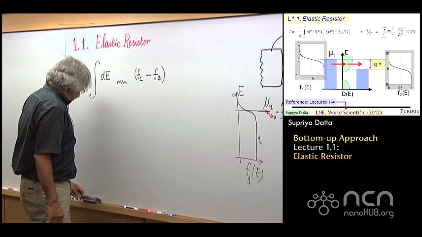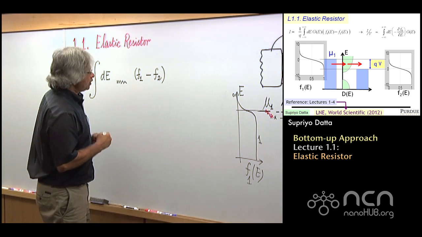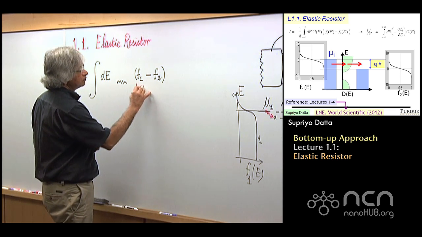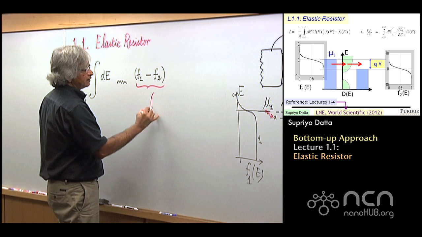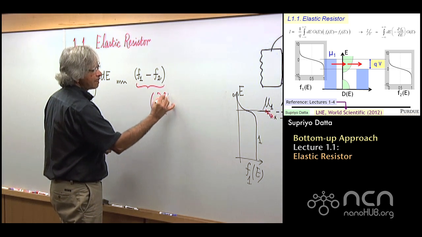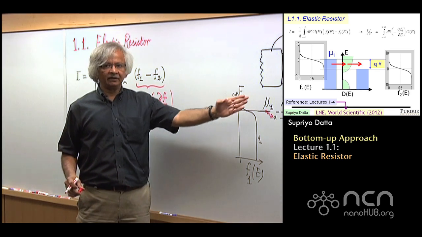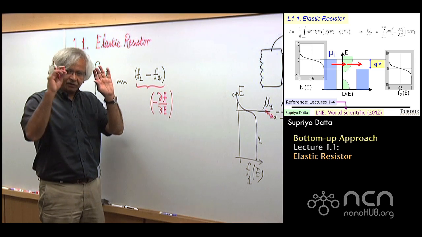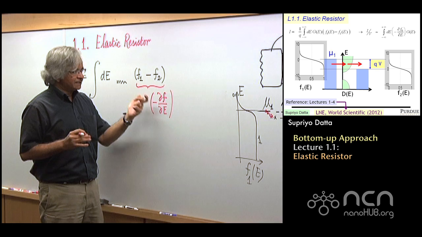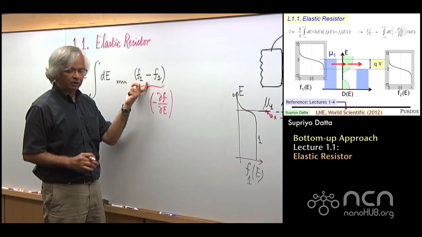And what is shown in those lectures is that for small voltages, you can approximate F1 minus F2 as negative derivative of F with respect to E. So F1 and F2 are the Fermi functions in the two contacts, and we are assuming that the voltage applied is small enough that you can make this approximation. And as I said, the approximation is described in tutorial 1.2.